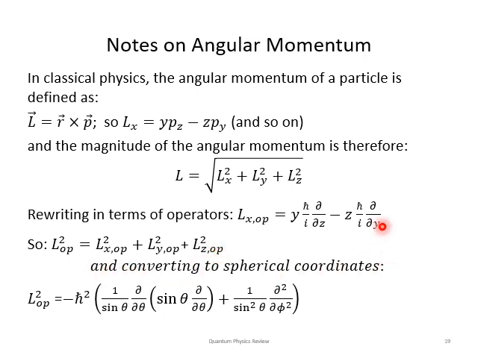And when we put those operators together and convert into spherical coordinates, we find that the square of the angular momentum operator that comes out of going through these classical steps is equal to the angular portion of the Schrodinger equation. This is what we solved for a little bit ago. And so the angular portion of the Schrodinger equation is really just L squared operator operating on the wave function. That's it.